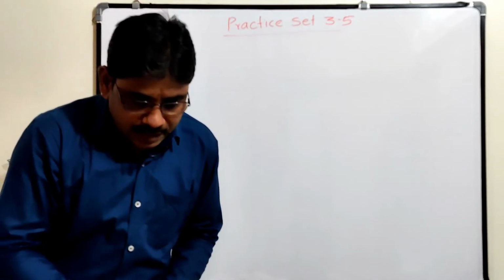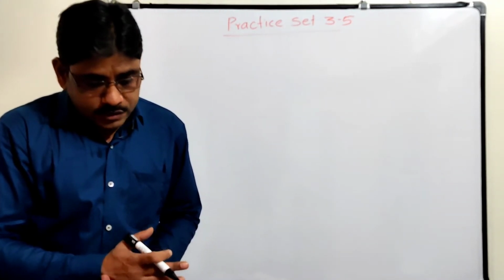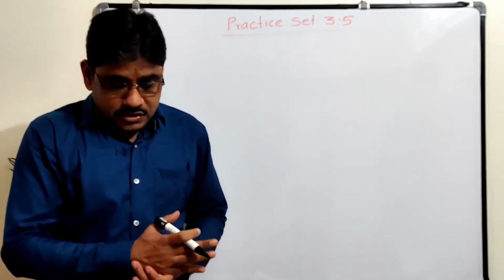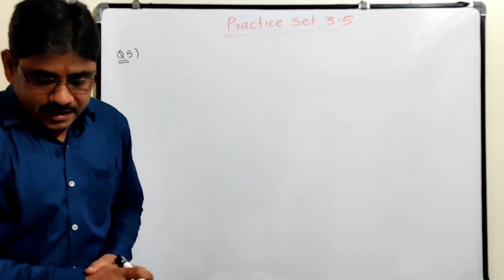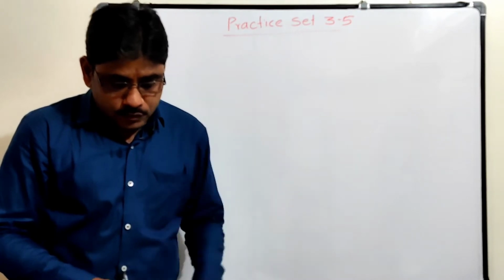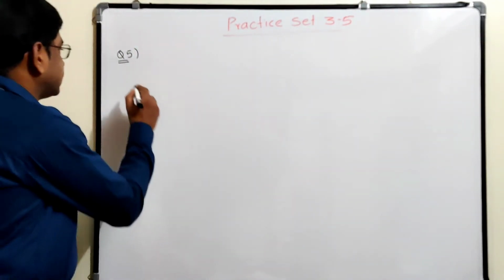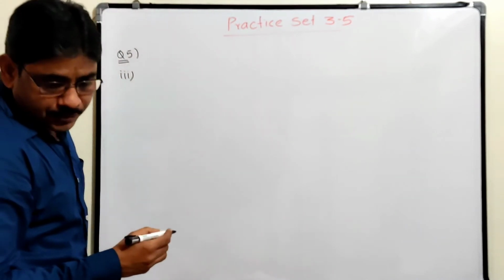Divide the first polynomial by the second polynomial and find the remainder using remainder theorem. So first we have to divide the first polynomial by the second polynomial and then find the remainder using remainder theorem. So from this too, we look at the third sum. Third one, both remainders should come the same.